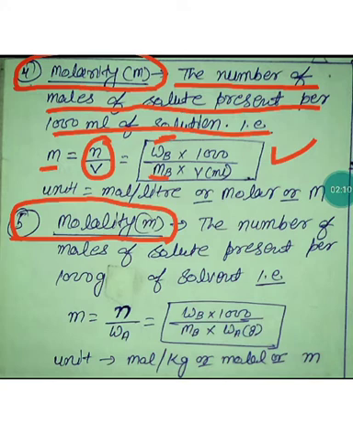The mass of solute is to be taken in grams, multiplied by 1000 and divided by the volume, because when the volume is taken in ml, then it will be multiplied by 1000. So both the formulas are the same. It depends on the condition of the question.